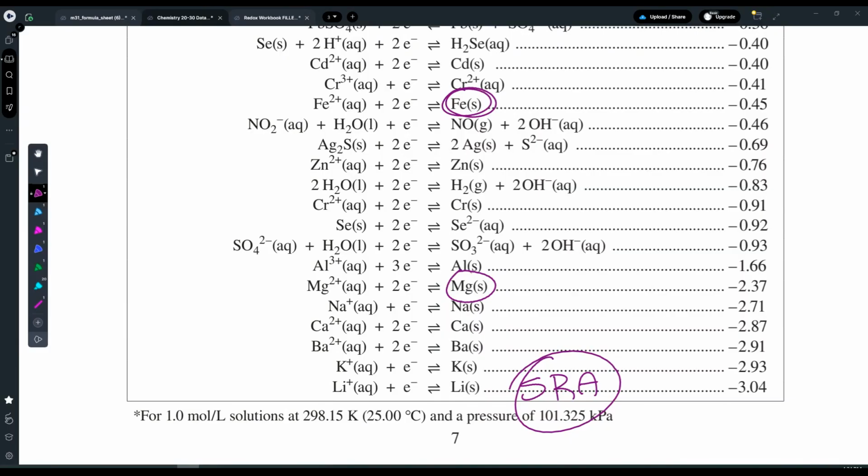You could have chosen zinc, chromium, aluminum, sodium, calcium, barium, potassium, or lithium. Okay, and the reason being is because magnesium is a stronger reducing agent than iron is.